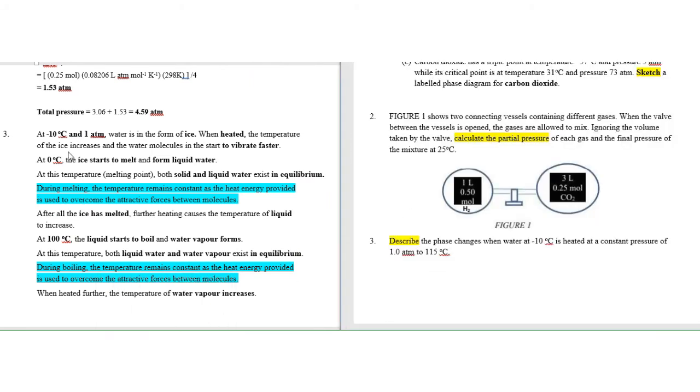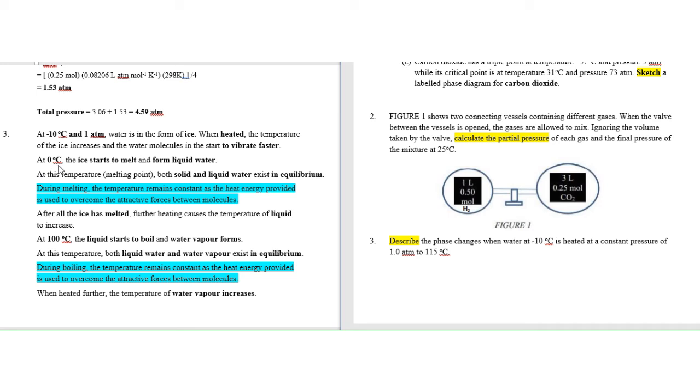You have to describe one by one. Starting at negative 10 degrees Celsius and 1 atm, water is in the form of ice, meaning solid phase. When heated, the temperature of the ice increases. So what happened? The water molecules start to vibrate faster. Here you have to explain a bit about the kinetic energy.